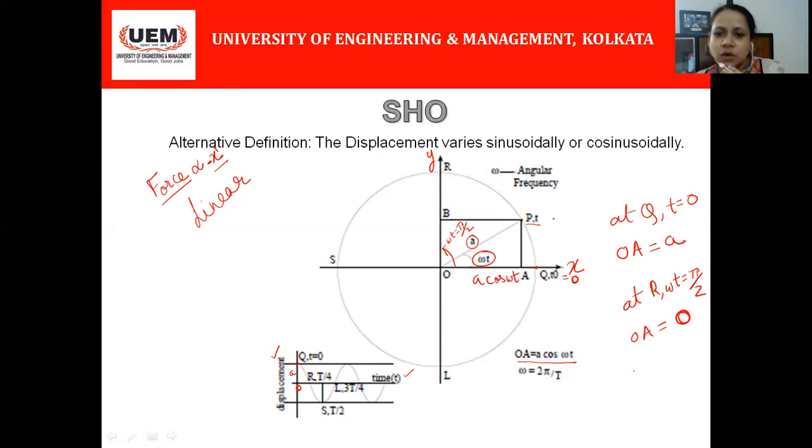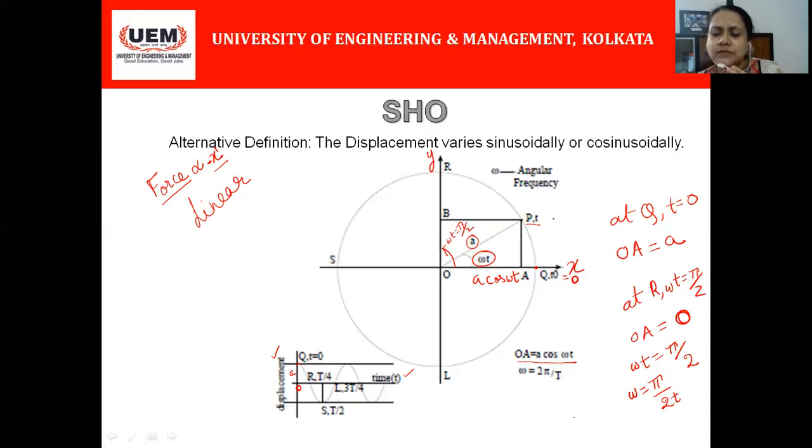And we can also see that when omega t is equal to pi by 2, what is omega equal to? Omega is equal to pi by 2t.